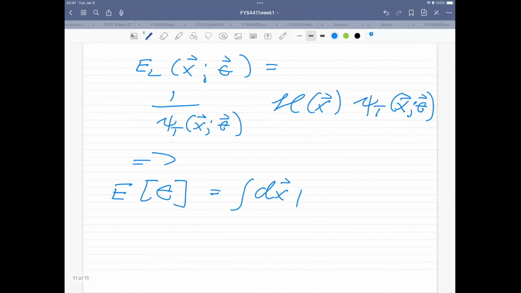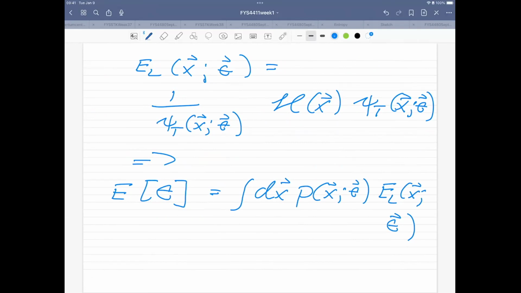So this is going to be given by the probability P(x, theta) multiplied with this local energy, which depends on x and theta, like that. And that looks like an expectation value. So this is just us rewriting Schrödinger's equation.